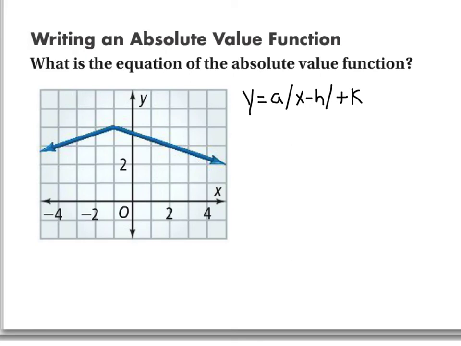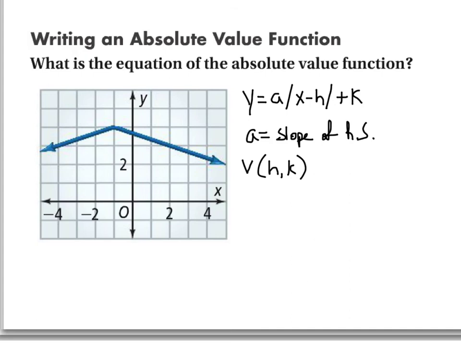So we need to find a, which is the slope of the right side, and we need to find our vertex, which is located at h, k.